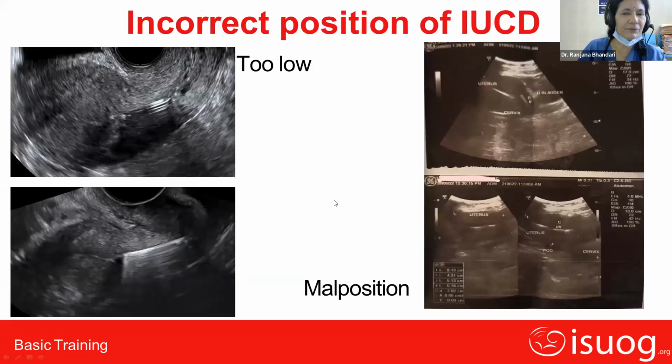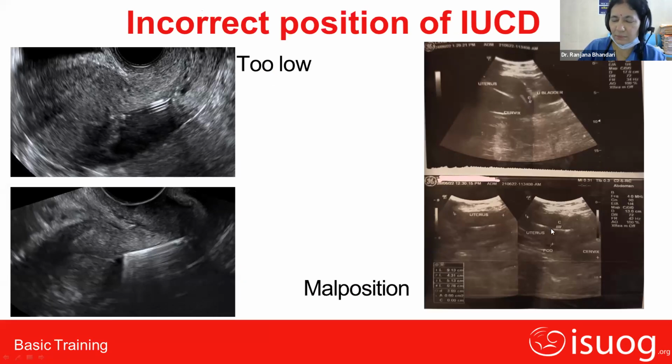Now see some of the incorrect positions of IUCD. See, the upper point of the IUCD is in the isthmic region going into the cervical cavity, and my fundic region is over here. So this is too low. In this case also, see the fundus is over here and this is also a too low position. In another case, I am having the IUCD totally in the cervix.